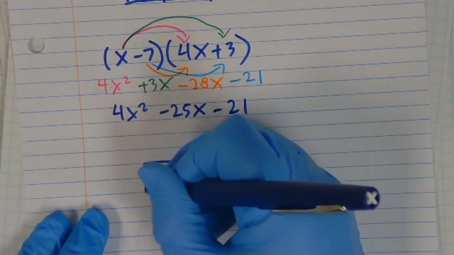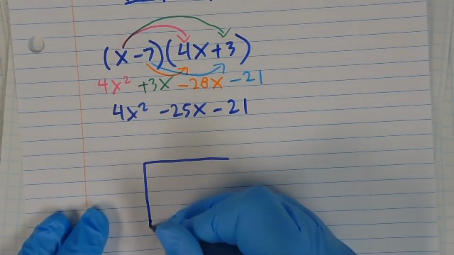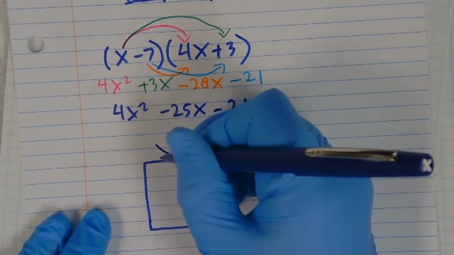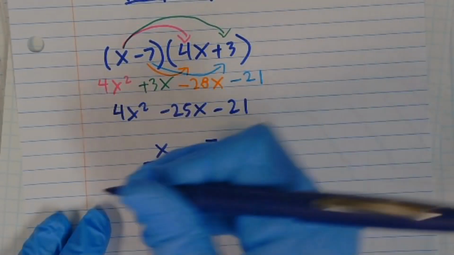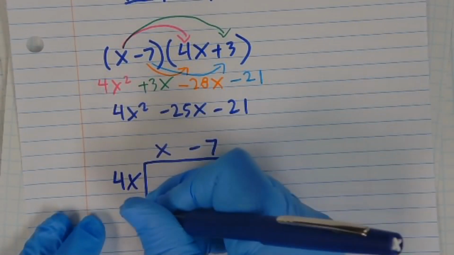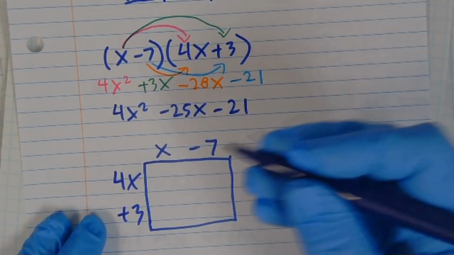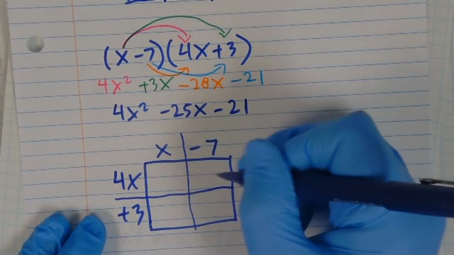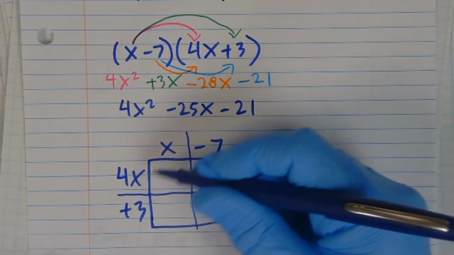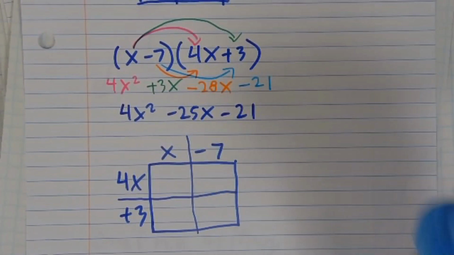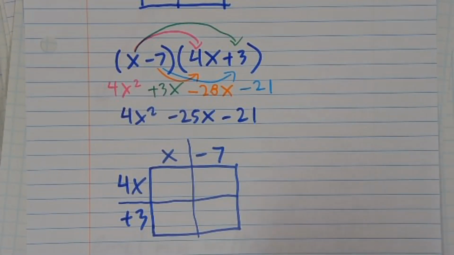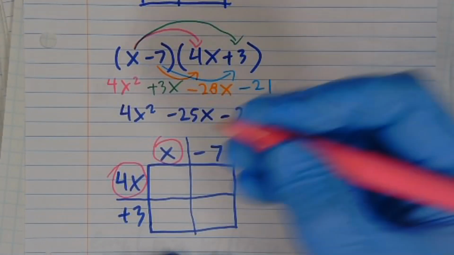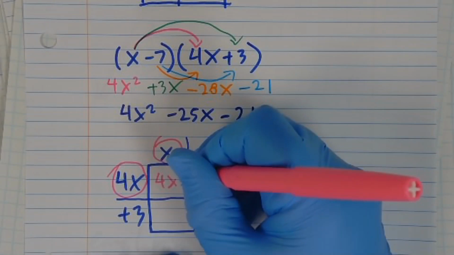So I've got my generic rectangle here. I'll put x minus 7 along this side, 4x plus 3 along this side. Again, I broke this up at the terms. So now I've got a spot for each of my 4 answers, so I'm more likely to remember to do each of them. I have x times 4x, and that gives me 4x squared.